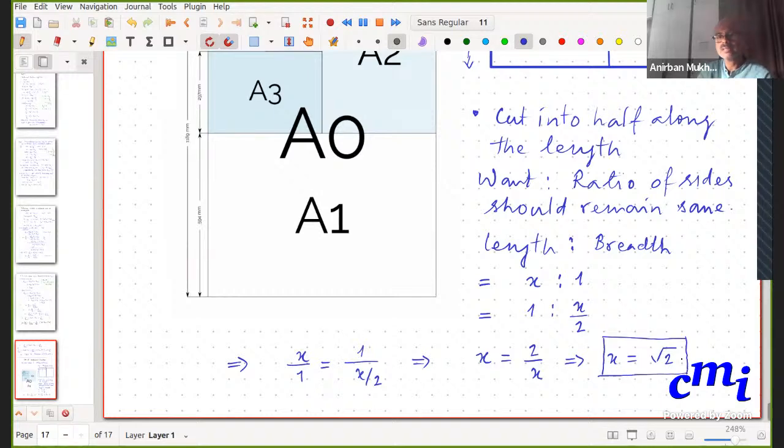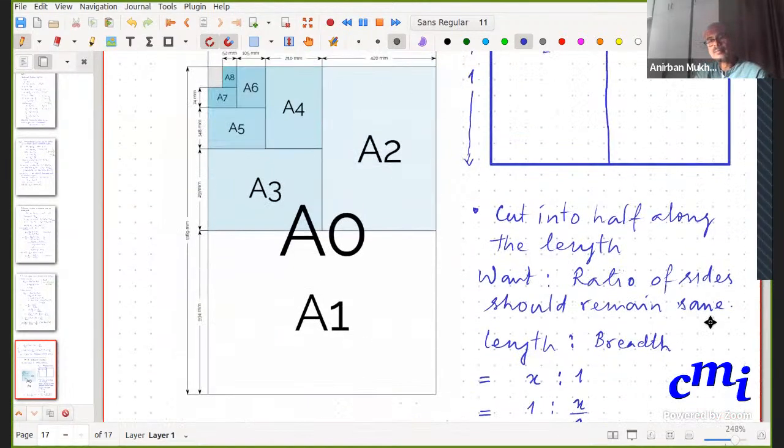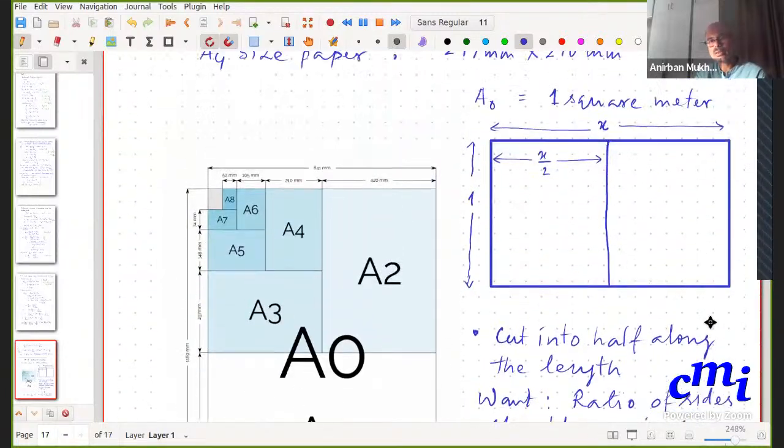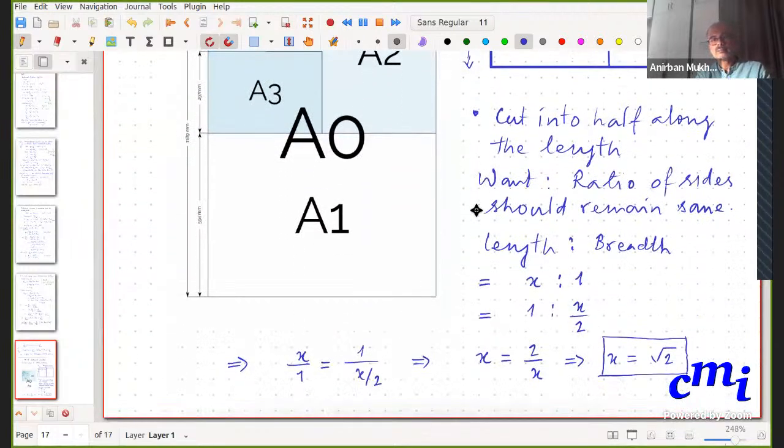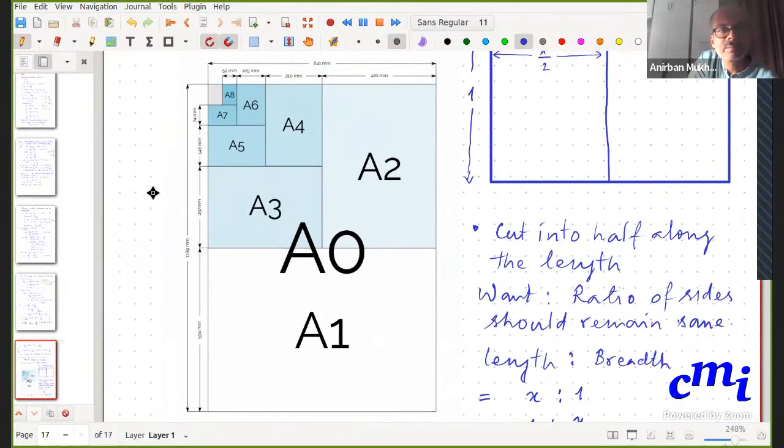If we start with a paper which is in 1 to square root of 2 ratio, then when we cut it into half, the ratio remains the same. So this shows this thing.